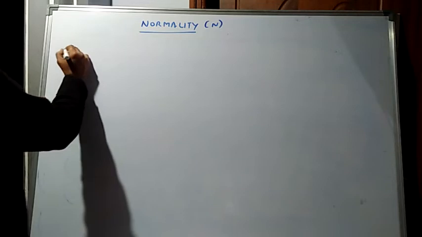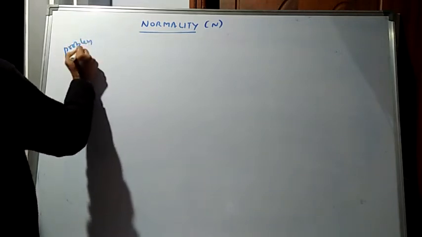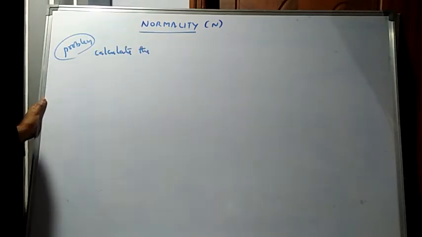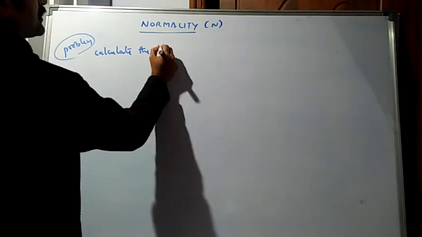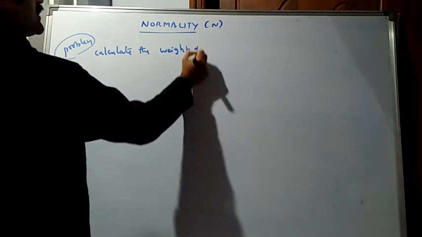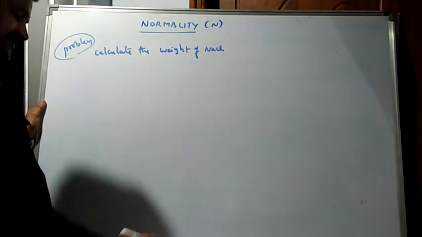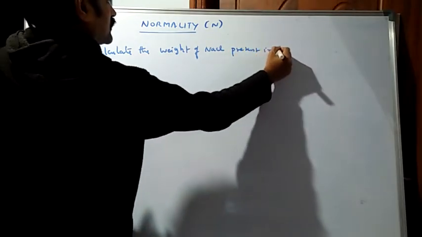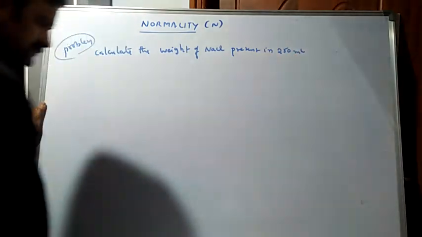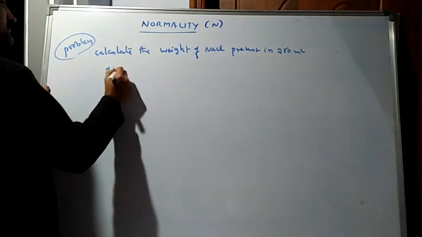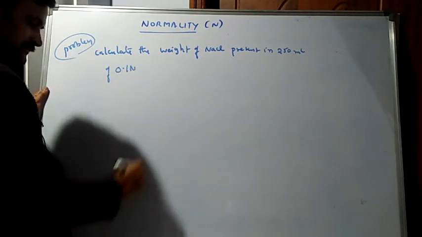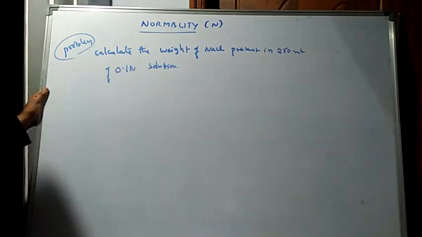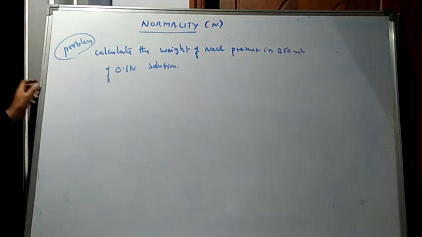Next problem is: calculate the weight of NaCl present in 250 ml of 0.1 N solution. 0.1 N solution means normality given directly as 0.1.